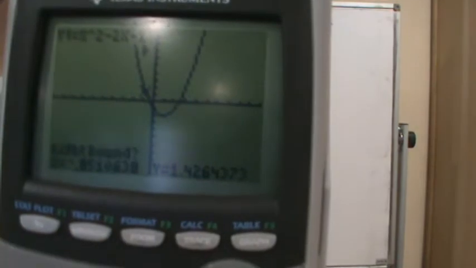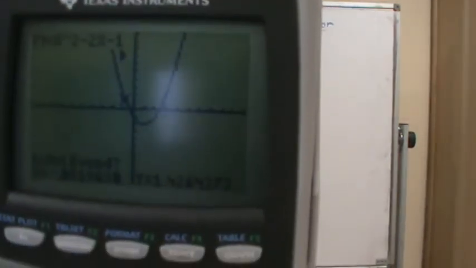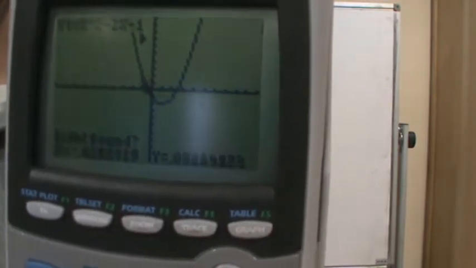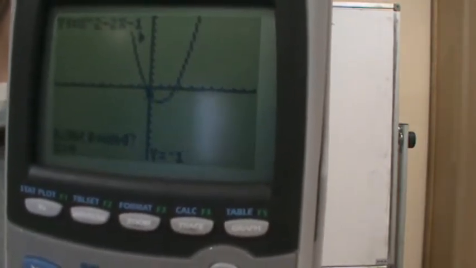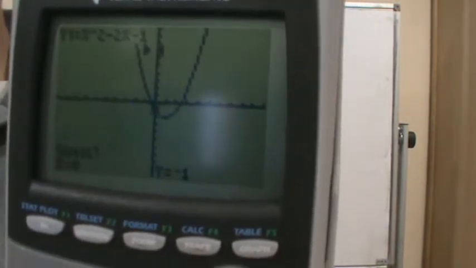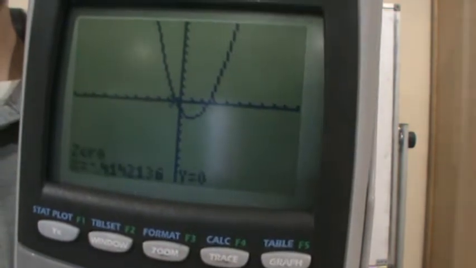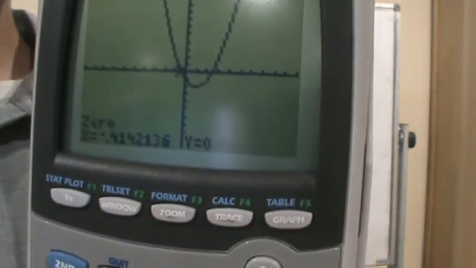So now I'm going to hit enter, and now I'm going to go to my right bound, which is about right there, hit enter, and now I'm going to go to my guess, which is about right there. And now look at what you get.